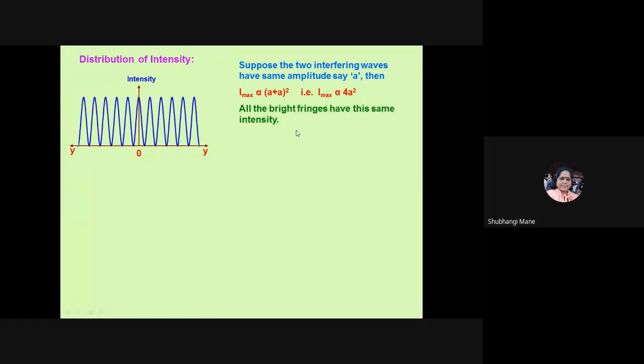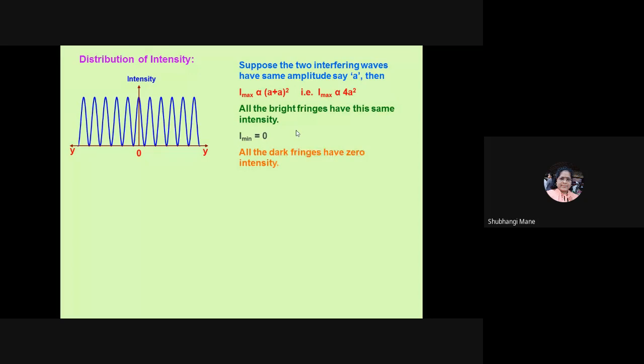That means intensity is going to be 4 times A square, because A square plus 2A square... that is 4A square. म्हणजे मॅक्सिमाच्या ठिकाणी जी इंटेन्सिटी मिळते ती 4 टाइम्स ए स्क्वेअर इतकी मिळते. So all the bright fringes have the same intensity.